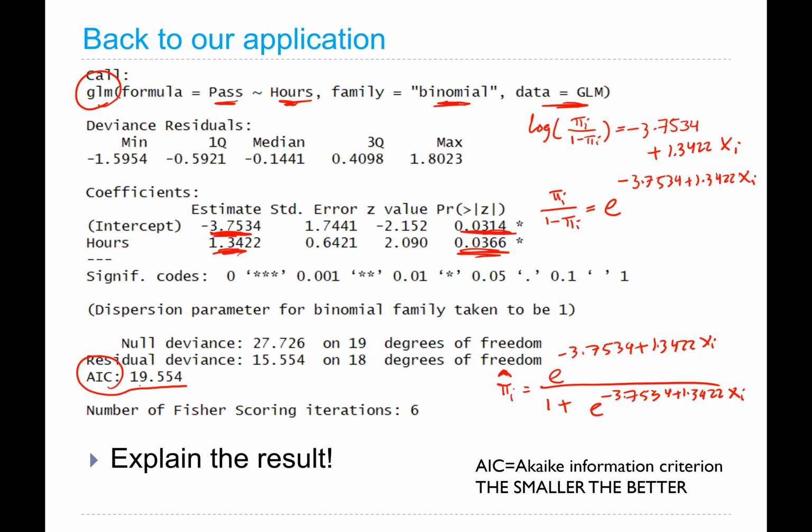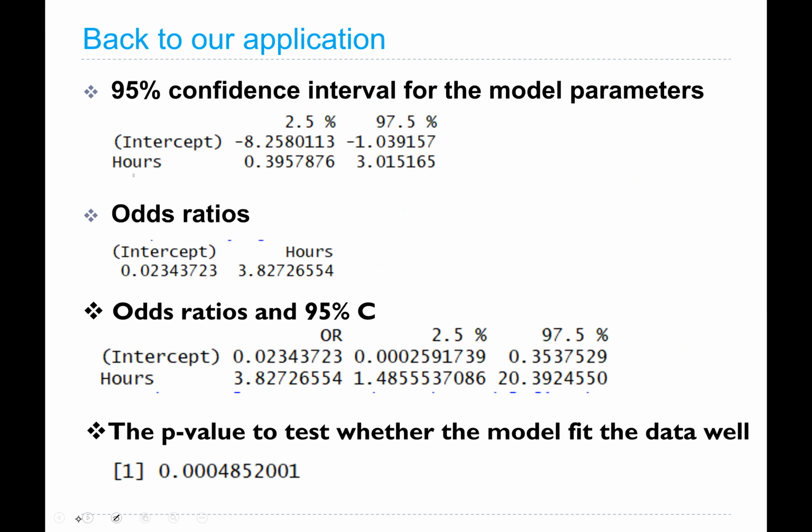So in logistic regression, we use something called AIC, or Akaike information criterion. The smaller, the better. If I fit two models to the same data set and want to know which is better, I use the one with the smaller AIC. This is very common in logistic regression.